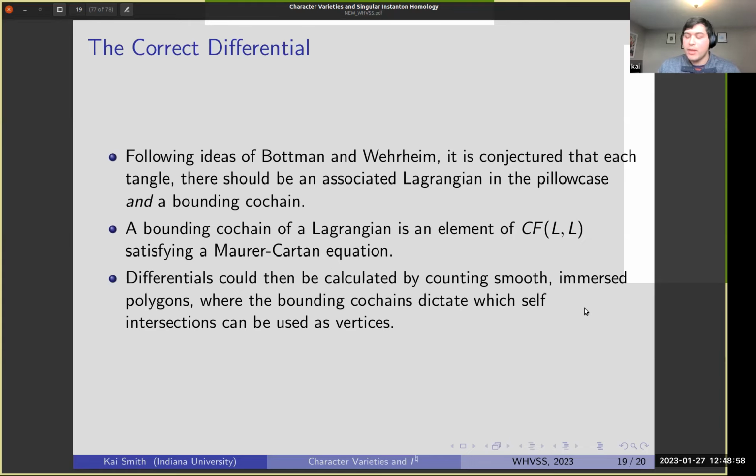And hopefully, with these extra examples I've generated that show the failure of the Lagrangian Floer homology to be an invariant, those will provide useful places to start to investigate what bounding cochains can be used to correct for the differences and how that might behave.